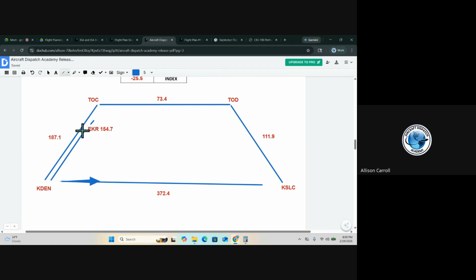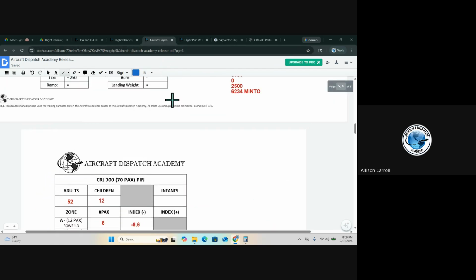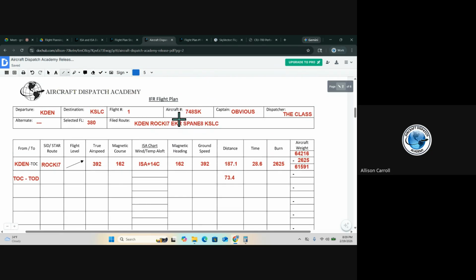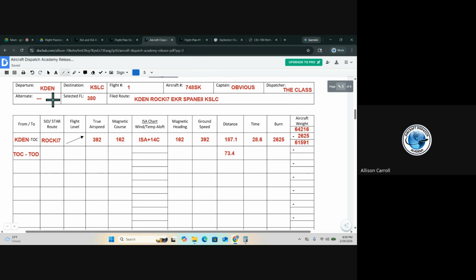And so that's why we had to figure out where's Meeker in reference to top of climb. Meeker is before top of climb. So we pass Meeker, and after we pass Meeker, now we're on our arrival into Salt Lake. And our arrival into Salt Lake is the Spain 8 arrival.